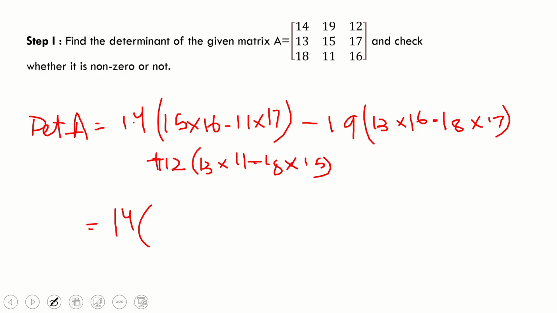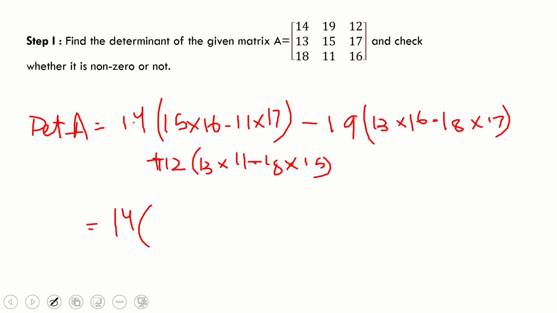So 14 times, okay, just a minute students, let us go one more step. Instead of writing the answer directly, first simplify the brackets, and then we will simplify the whole expression.